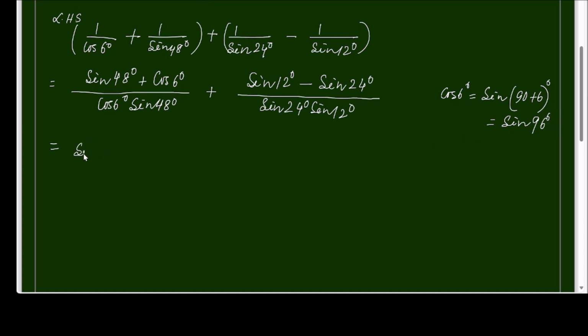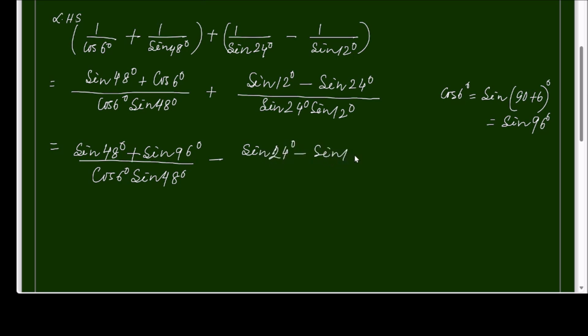So this will be sine 48 degree plus sine 96 degree over cos 6 degree sine 48 degree. Here also I am making some arrangement: I am taking a negative sign outside so that it will be sine 24 degree minus sine 12 degree over sine 24 degree sine 12 degree.